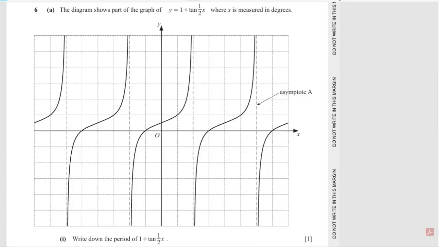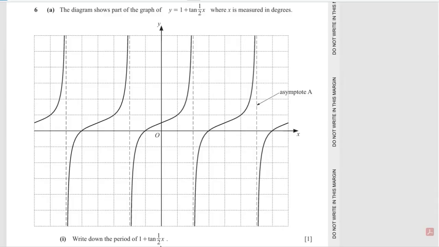The diagram shows part of the graph of y equals 1 plus tan half x, where x is measured in degrees. So this is a tan graph. Part 1: write down the period of 1 plus tan half x. You need to learn the trick to find the period.